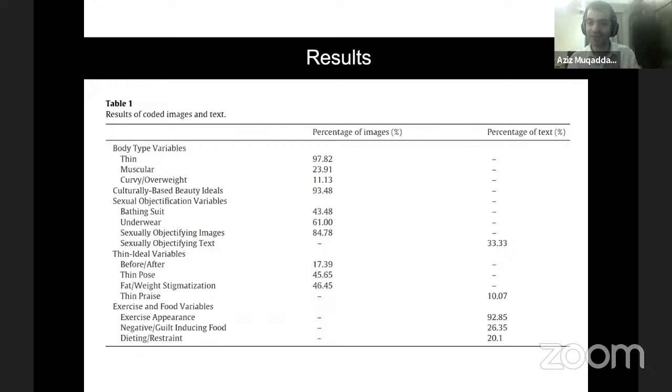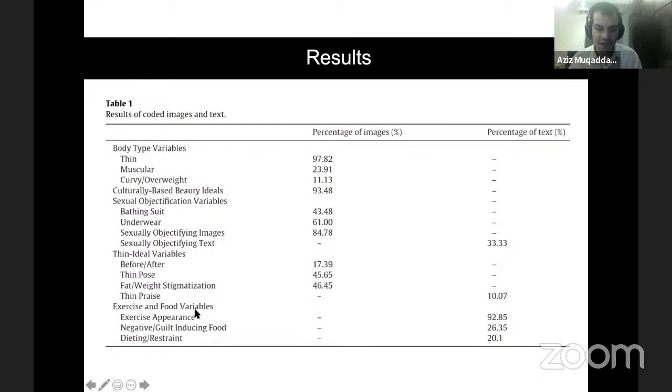Just remind everybody about this, okay? And for the sexually objectifying text, it was about 33%, right? Thin ideal variables: about 70% had the before-after thing. A thin pose or poses were around 46%, and weight segmentation was about 47% of the whole 510 images.